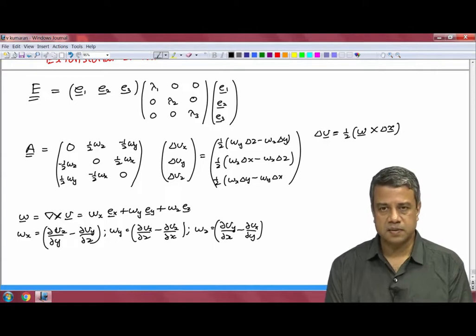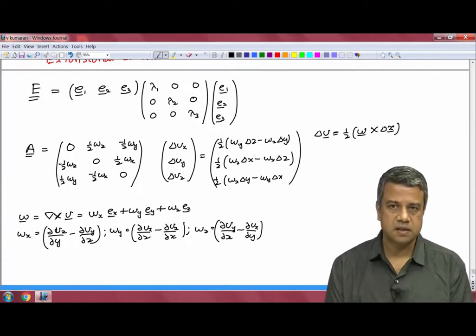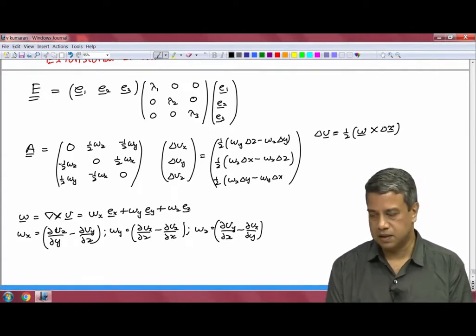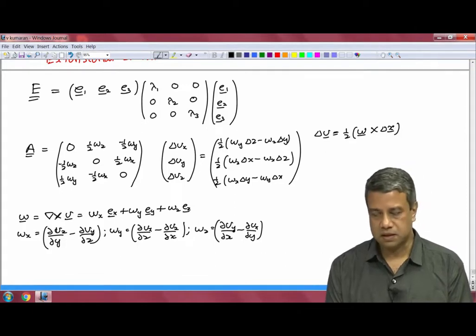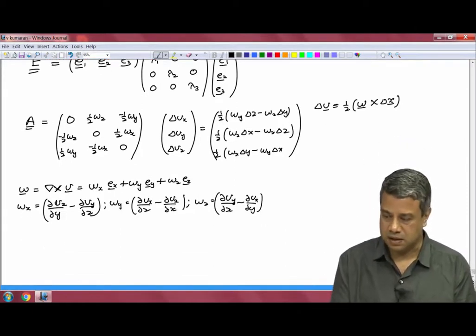So, at each point in space you can make this separation into three different components: the radial expansion or compression, the symmetric traceless part, the extensional strain, and the solid body rotation locally at that point.